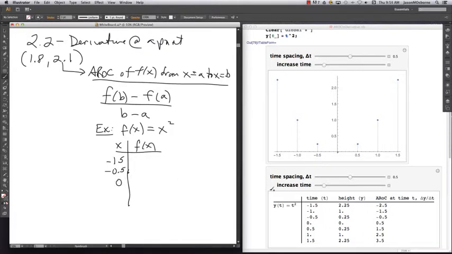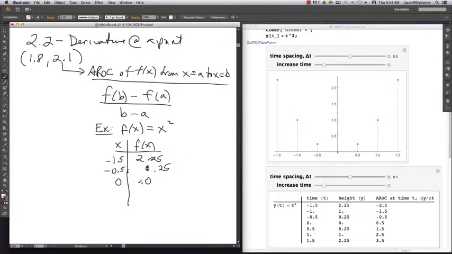When you plug those in, you get 2.25, 1, 0.25, and 0 of course. Then for 1 and 1.5, you can see the values over here.